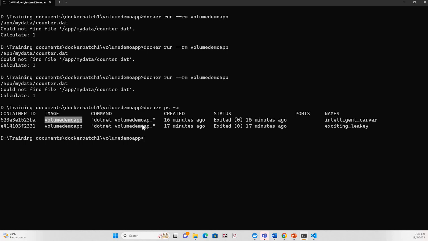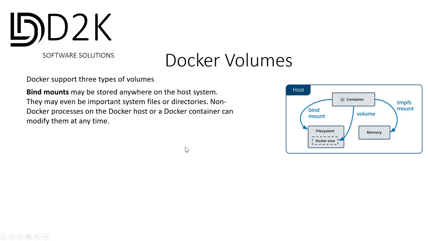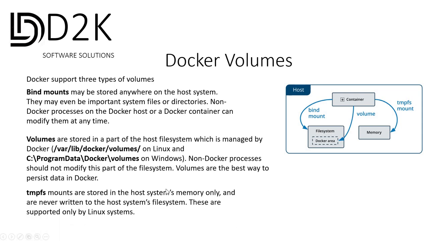Docker volumes store the data generated by the application in the container. Now let's see the types of volumes available in Docker: bind mounts, volumes, and tmpfs. Bind mounts may be stored anywhere in the host system, meaning you can give whatever source path you want to refer to on the host system.